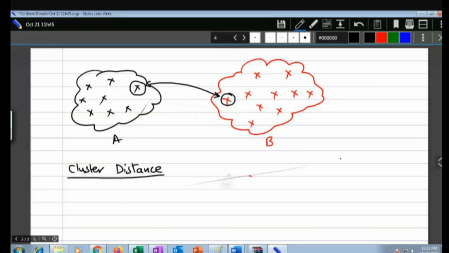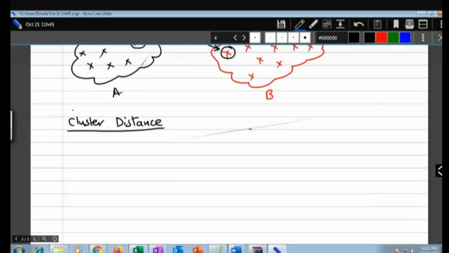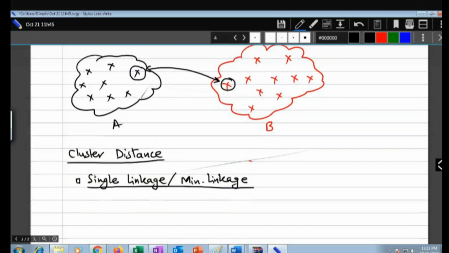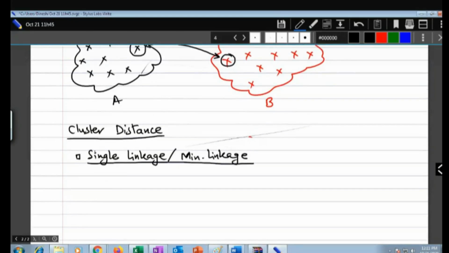The first distance between clusters is called single linkage, or minimum linkage. What do you mean by this? You find the data points that are closest to each other and find the distance between them.